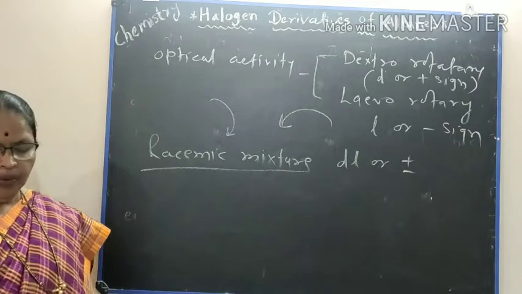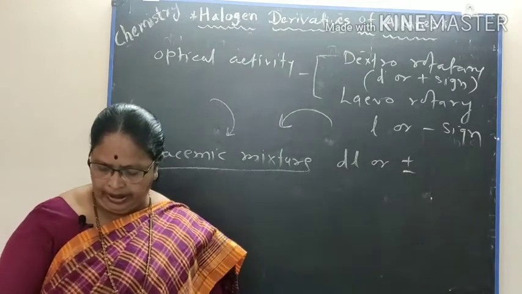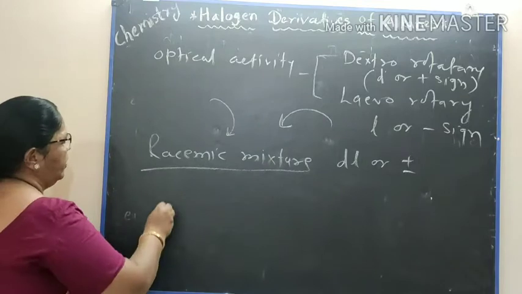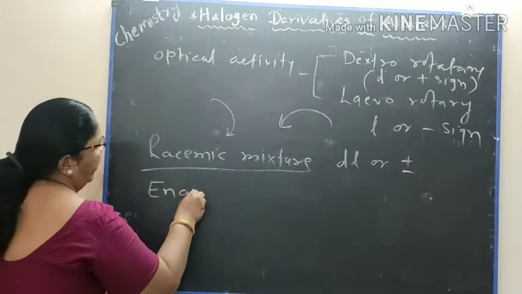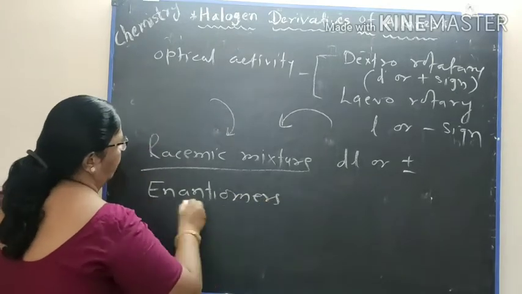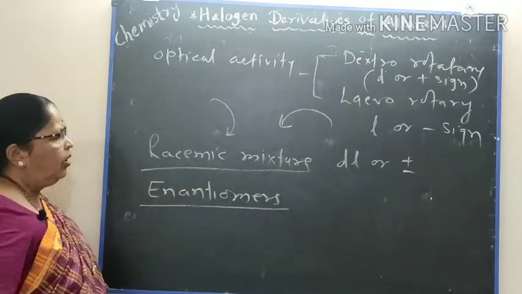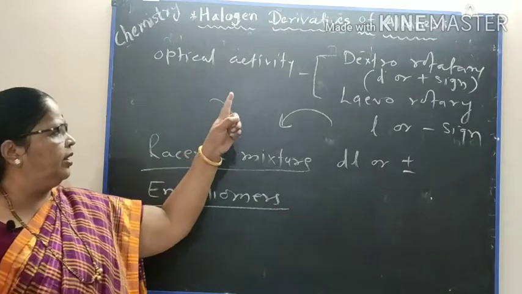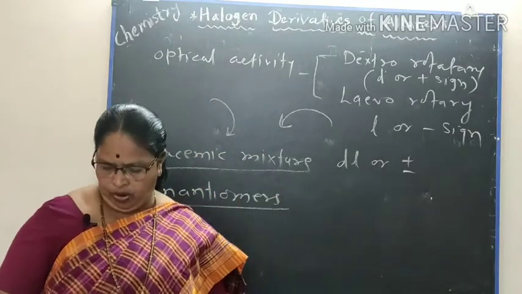Again we will see the next concept, enantiomers. There are two types of enantiomers, the dextro and levo forms.